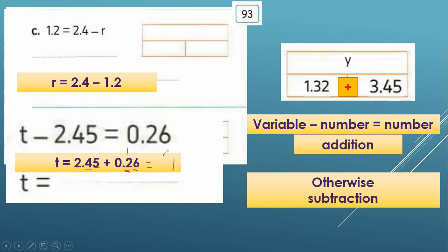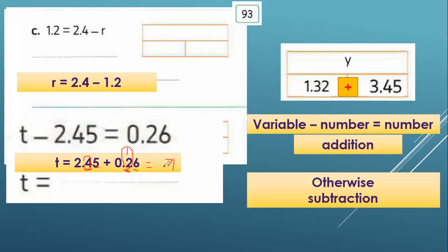So 3. Then 3 plus 4, 7. Here we will write 7.